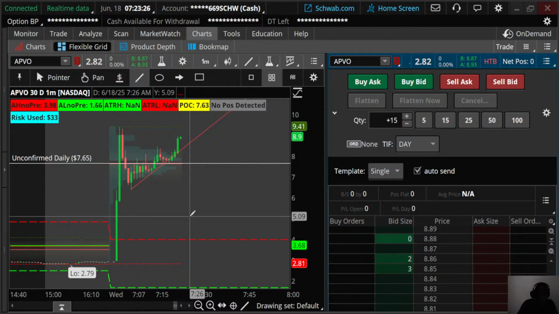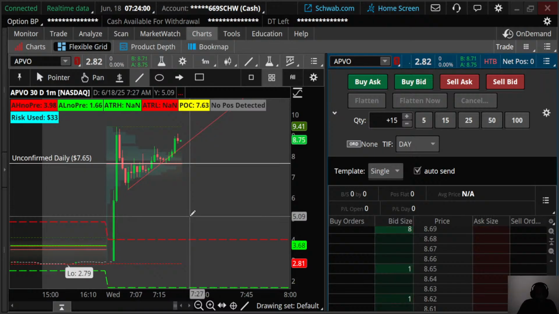Up 214%. Will you come back to the imaginary line? Lower high there.